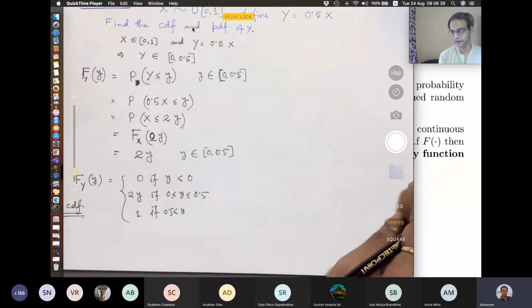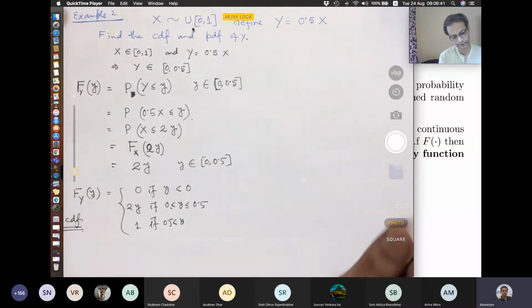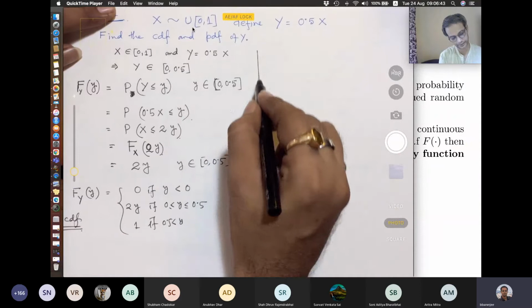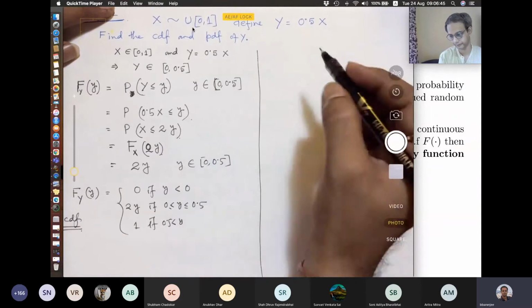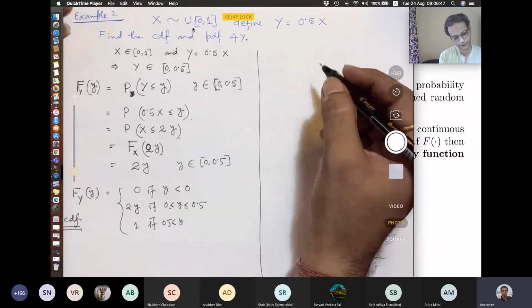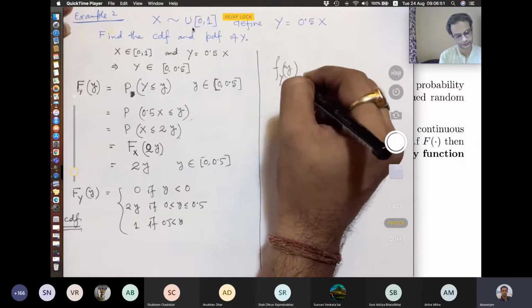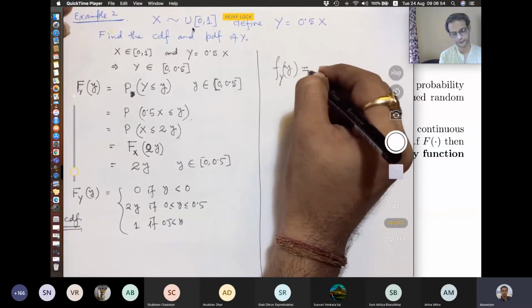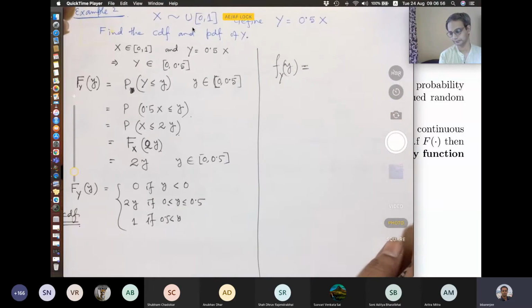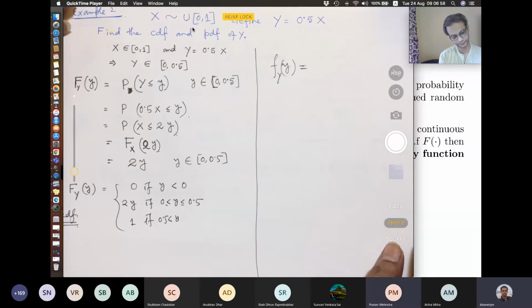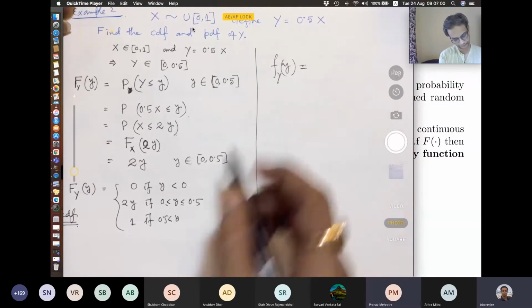Now quickly tell me what will be the expression of the PDF. So what will be f y? So 0 and then 1 and then again 0. Sorry, 2.